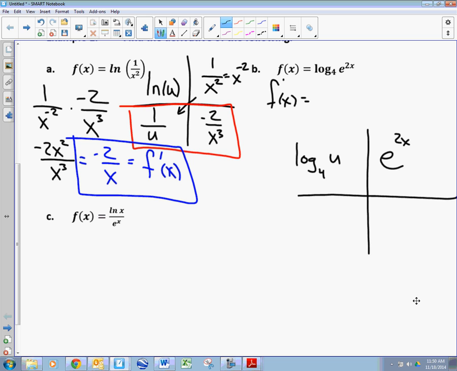Looking at your rules above, do you know what the derivative of log base 4 is? Very good. Derivative of e to the 2x. Multiply those, and we'll have 2e to the 2x on top.